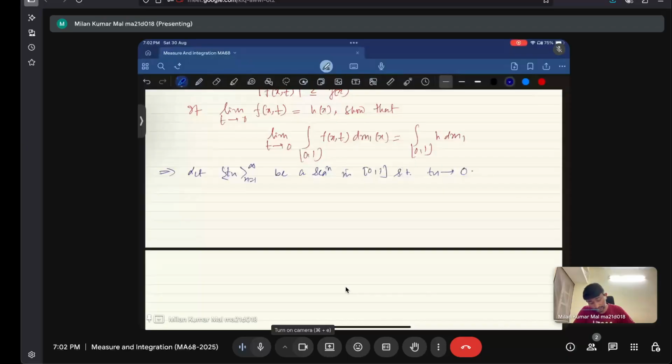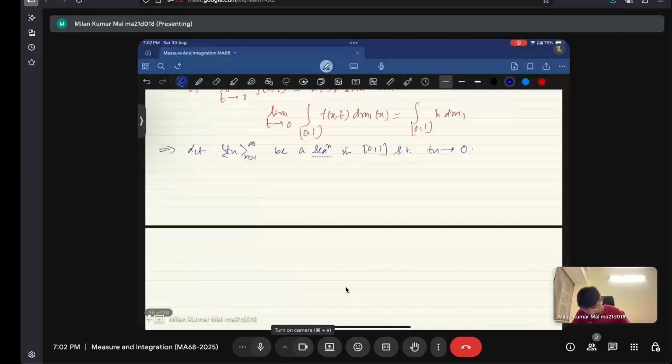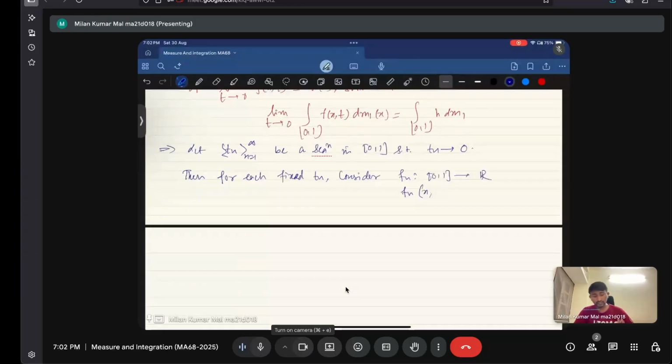Then for each fixed Tn, consider fn from 0 1 to real values, given by fn(x) equals f(x, tn). So for each fixed tn, we are defining a function fn.